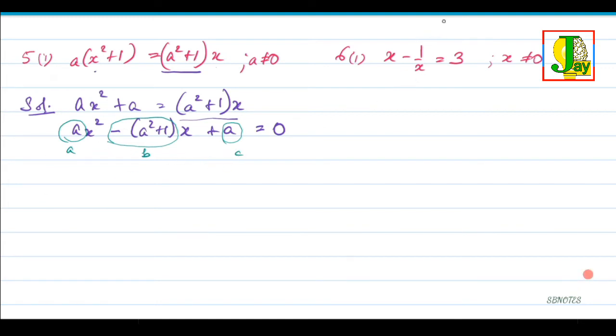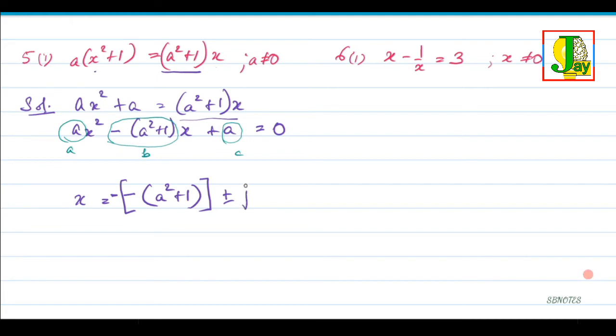Now let's put this into the formula. So x equals to minus b. B is this one, a square plus 1, this whole thing.